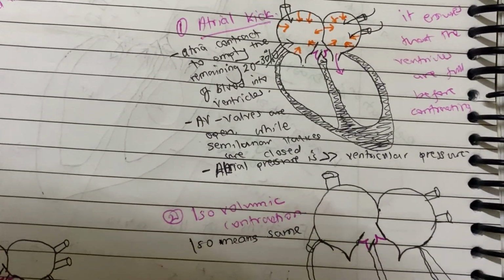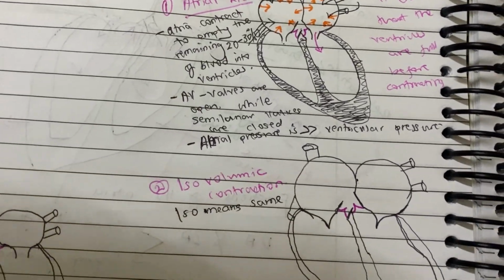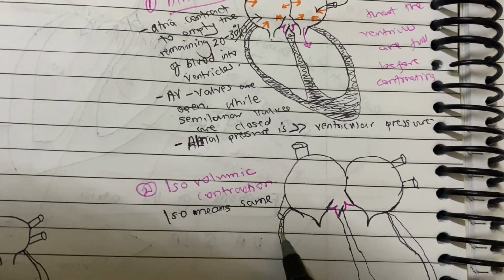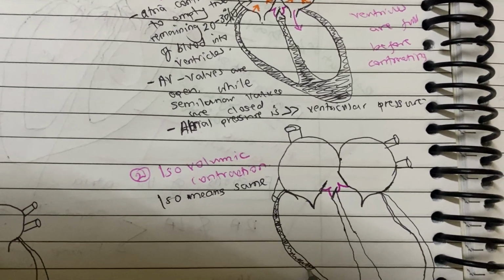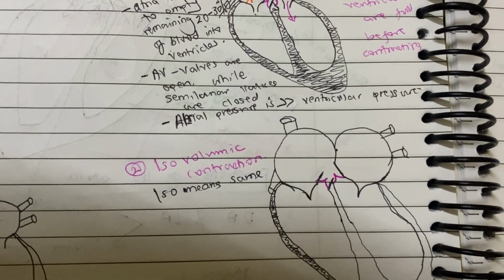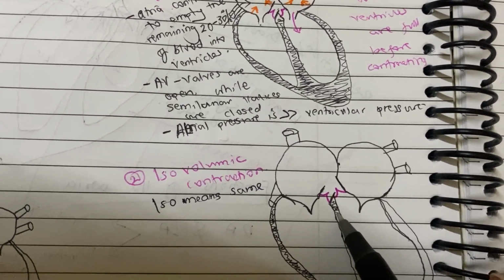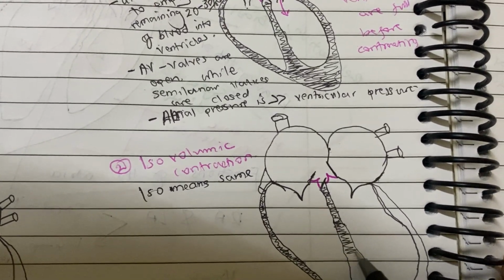So isovolumic relaxation or contraction means there is contraction but with no change in the volume. Which volume? Of the chambers, or you can say directly that there is no change in the volume of blood in the chambers. That is why it is isovolumic contraction.